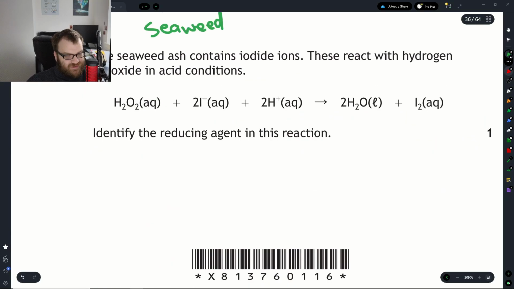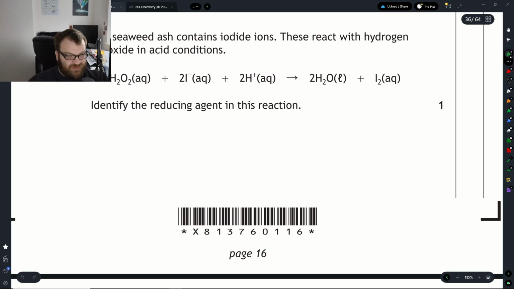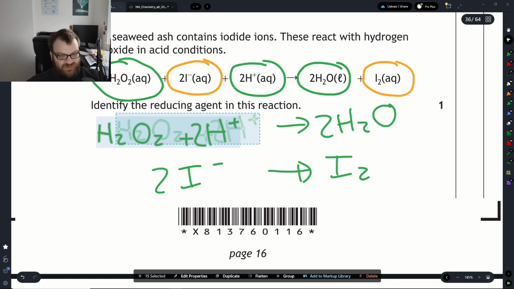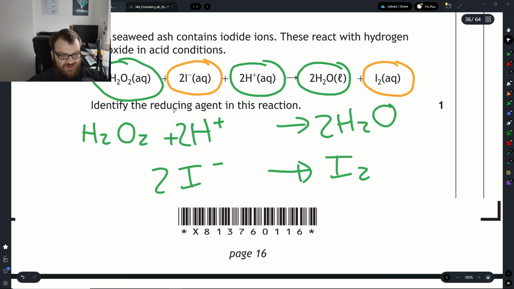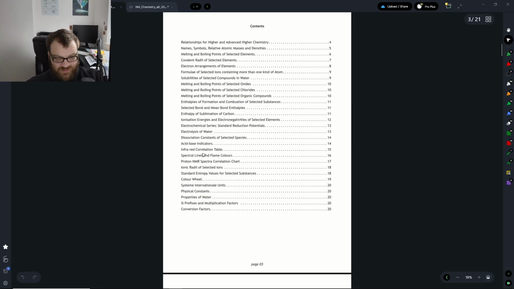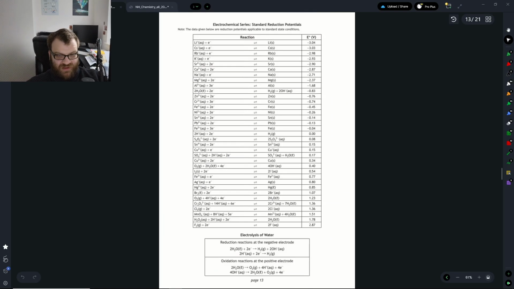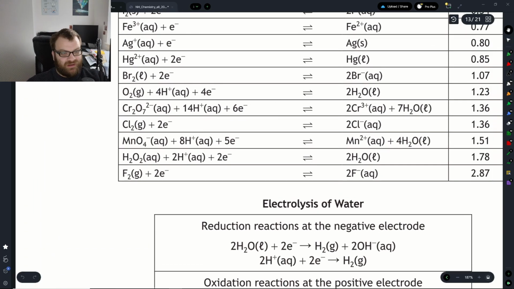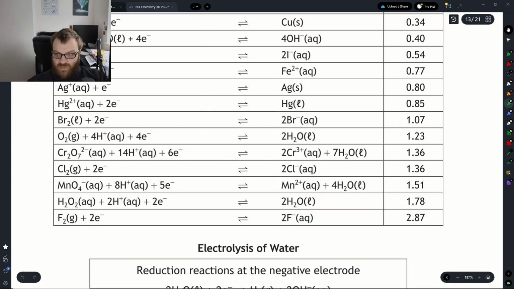This question we're asked about the reducing agent. What I would do is split up the two equations. We need to figure out where the electrons go in the reactions. One of the things we can do is use the data booklet, which has lots of info to help us. Iodine I know is going to be on here. What I'm looking for is where do the electrons go? They're beside the I2.